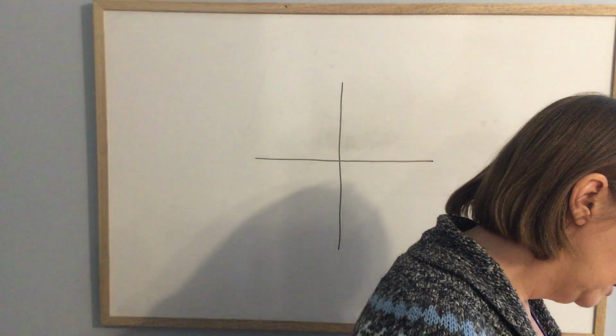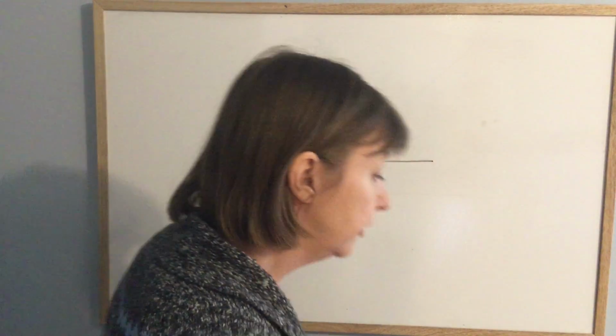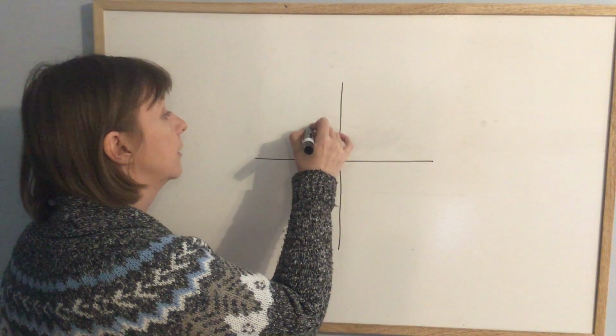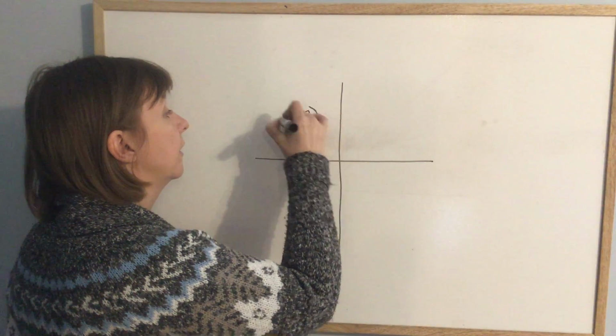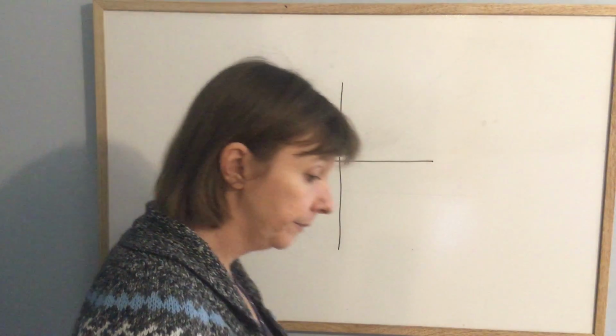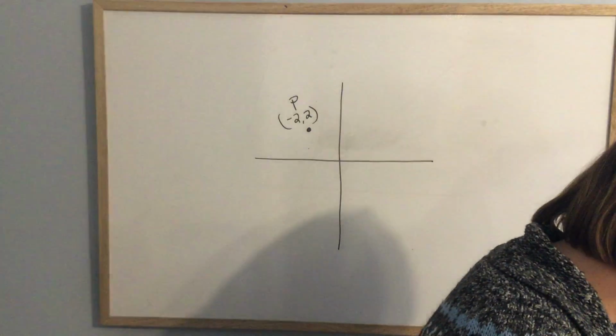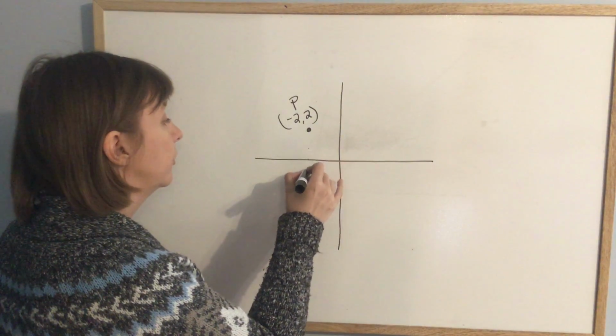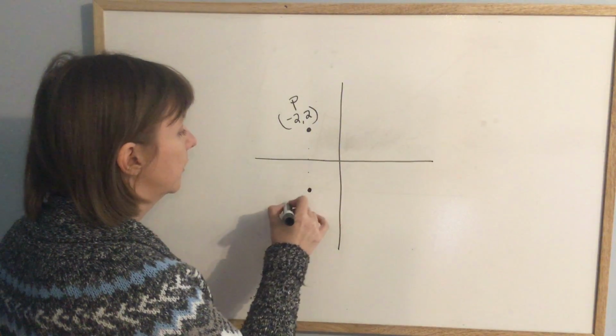So negative 2 and 2. 1, 2, 1, 2. That is P. Q is negative 2 and negative 2. So 1, 2, 1, 2.